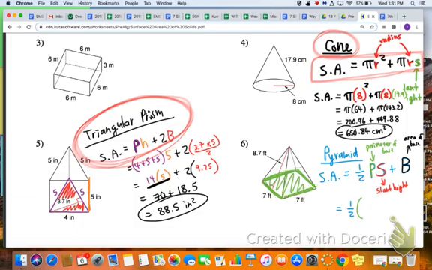So you're essentially doing 7 plus 7 plus 7 plus 7 times the slant height, which is given to us in red, 8.7, plus the base, which is the area of the base, and the area of the base is going to be the area of that square. So it'd be 49, or 7 times 7.